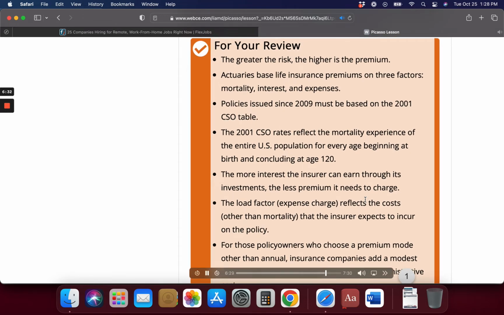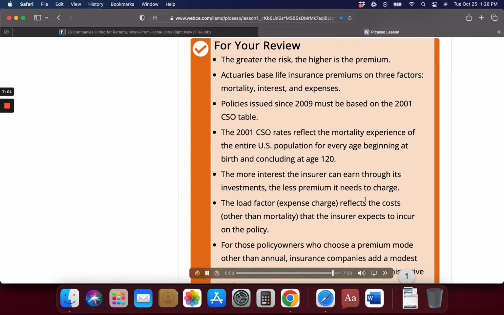For your review: the greater the risk, the higher the premium. Actuaries base life insurance premiums on three factors: mortality, interest, and expenses. Policies issued since 2009 must be based on the 2001 CSO table. The 2001 CSO rates reflect the mortality experience of the entire U.S. population for every age, beginning at birth and concluding at age 120.